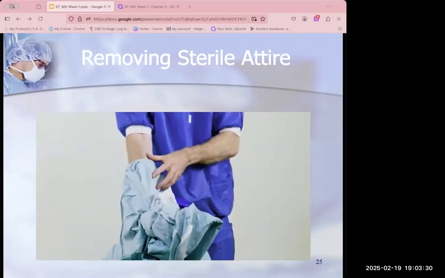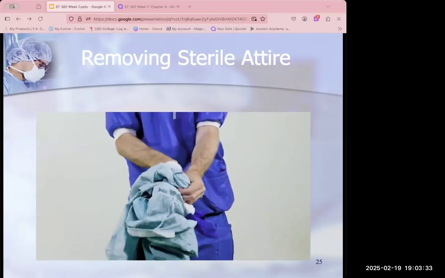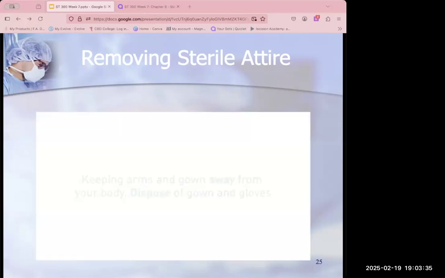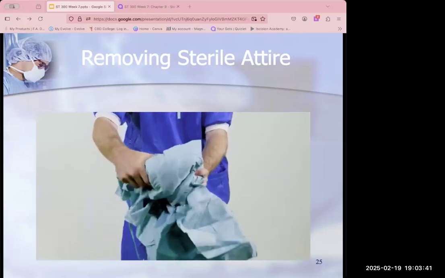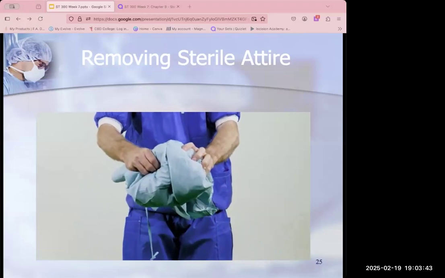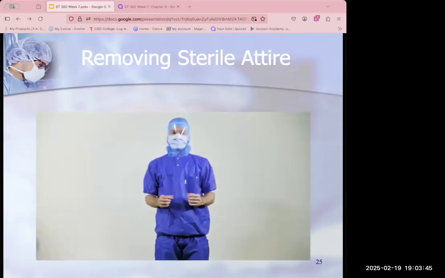So you see, he took off the gloves at the same time. And everything that was contaminated blood is inside the gown.